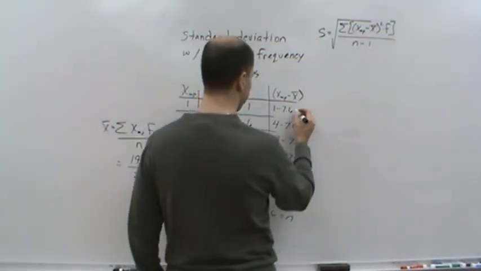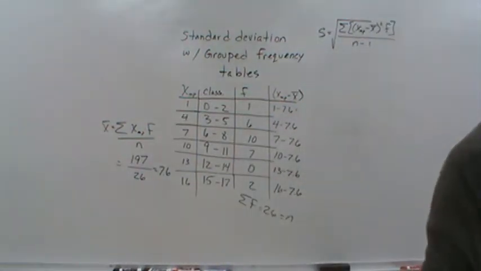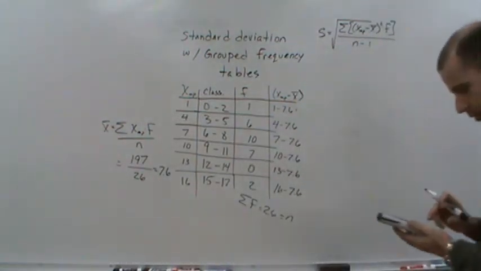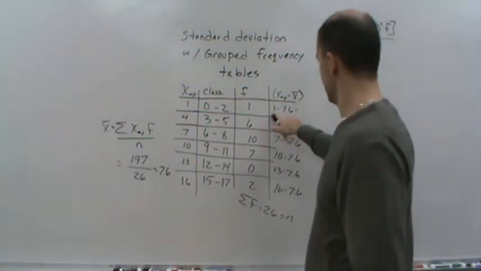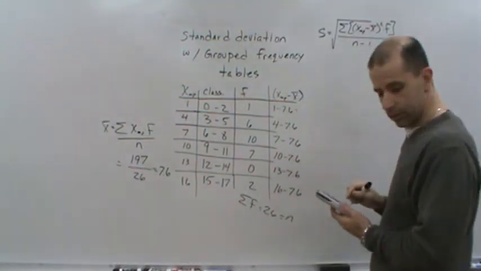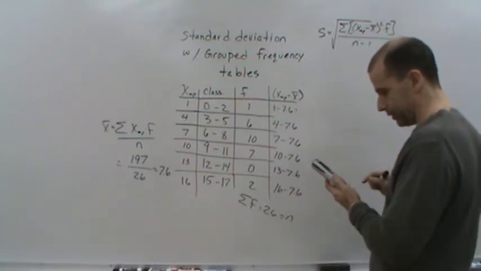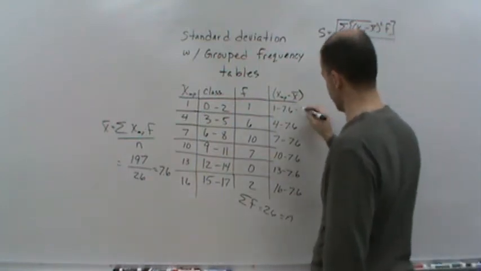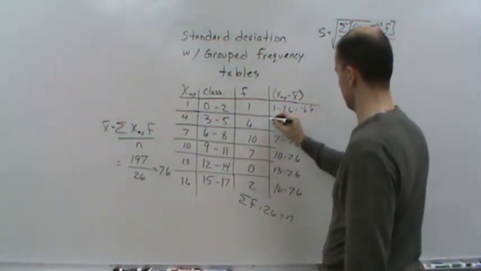Okay? So if I subtract these, let me get my calculator. So 1 minus 7.6 is negative 6.6, makes sense.